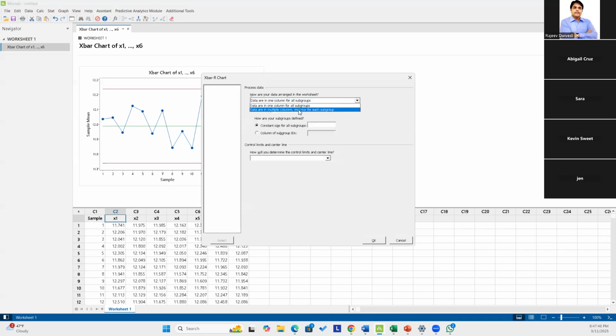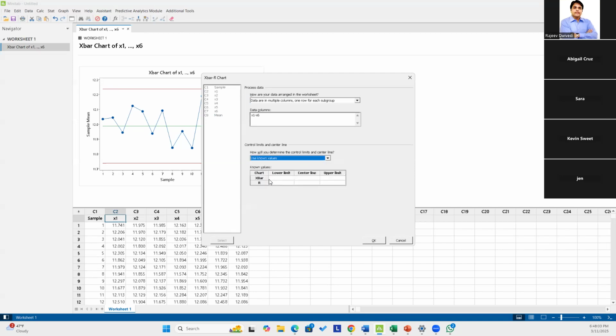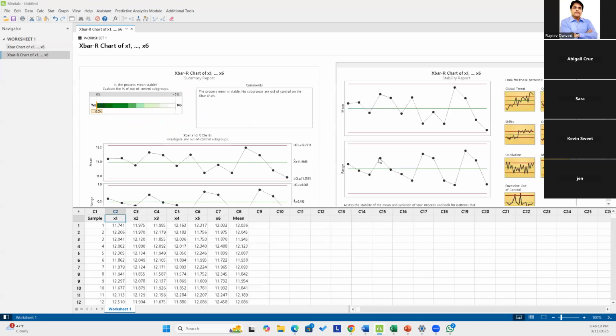The data are in multiple columns and we can select right here. How do you determine the control limits and center line? You can do it from the data itself, you can extract from the data, or use your known values. So if known values are given, I can enter them.